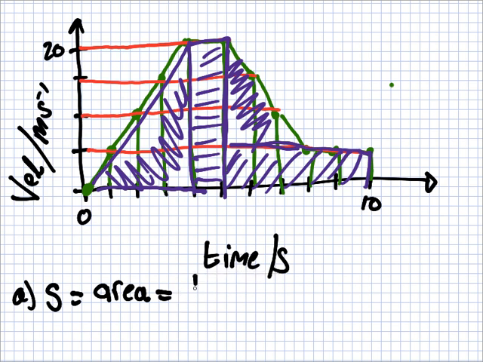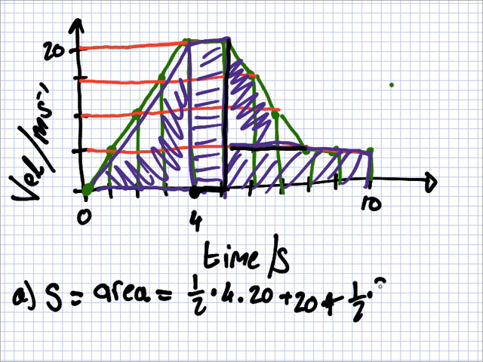So the first one will be a half, 1, 2, 3, 4. So a half times 4 times 20, plus this is 1 multiplied by 20, so that's 20, plus a half times 3 times 15. The height of this one's 15. And the last one is 1, 2, 3, 4, 5 times 5. Yeah, these are in 5s.